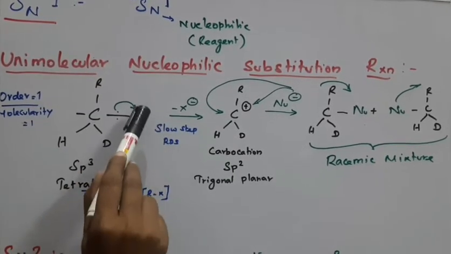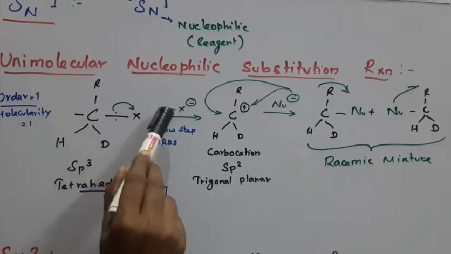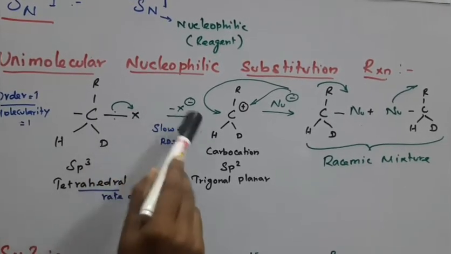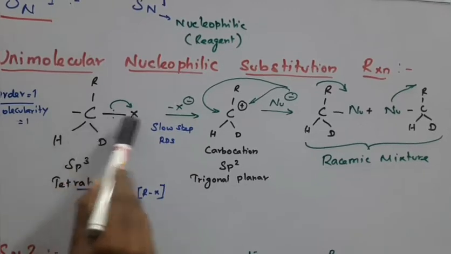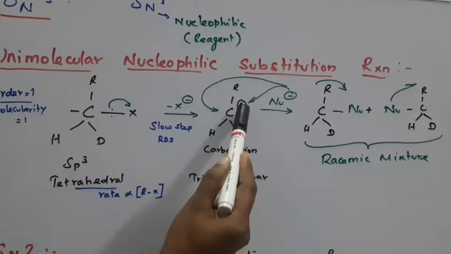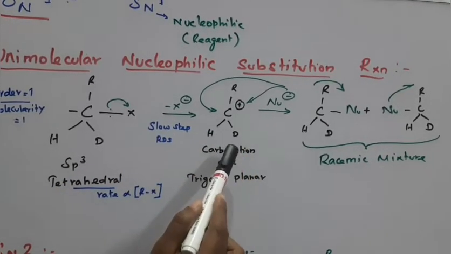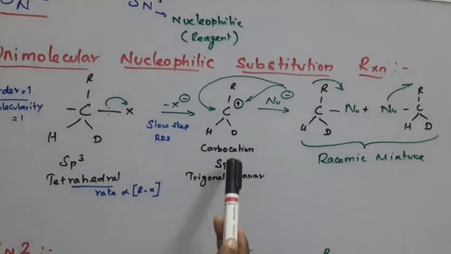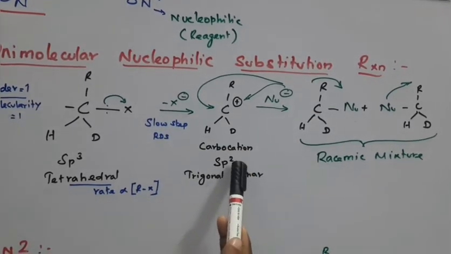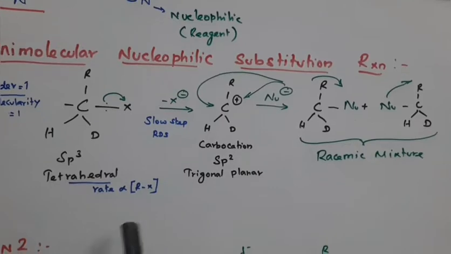After the halogen gets a partial negative charge and leaves as the leaving group, this carbon gets a partial positive charge. It is electron deficient. This carbocation is sp2 trigonal planar.